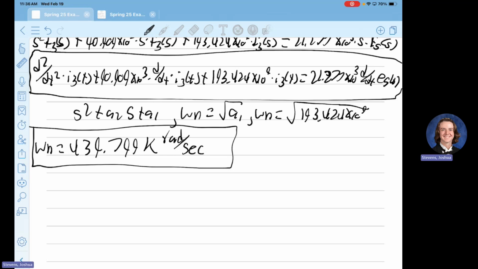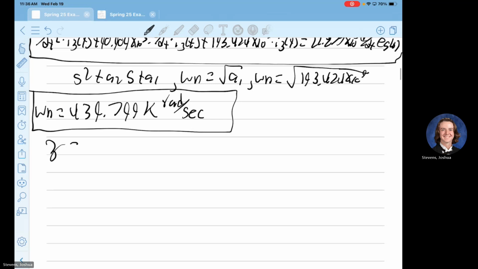Do any of y'all know the equation to find your damping ratio, aka zeta, which is not how you write zeta, it's just a curly z? It deals with those same coefficients. It's probably in your notes somewhere. I'll just give it to you.